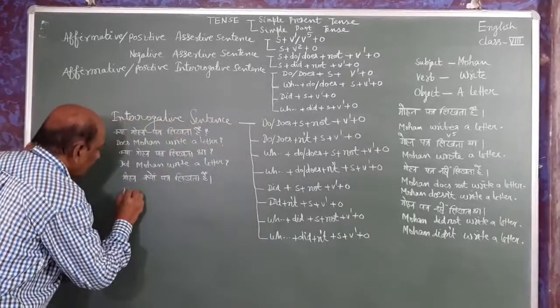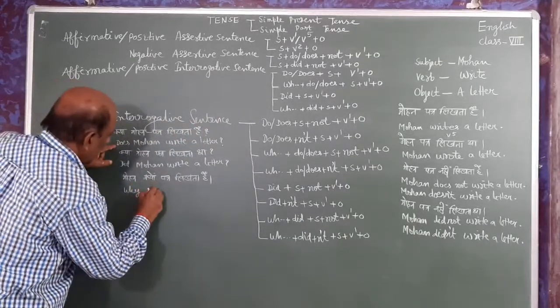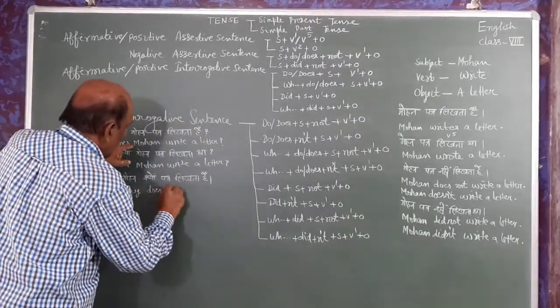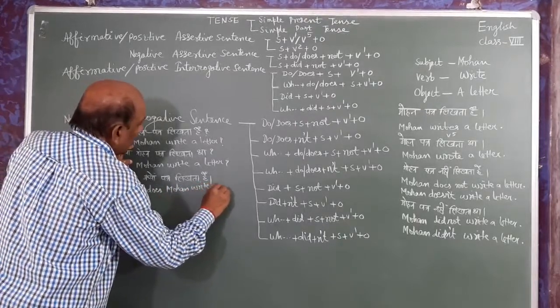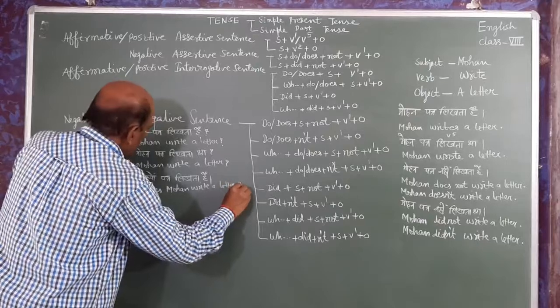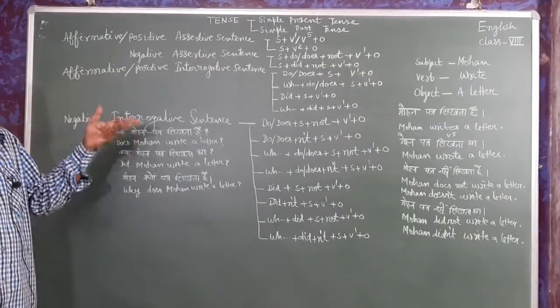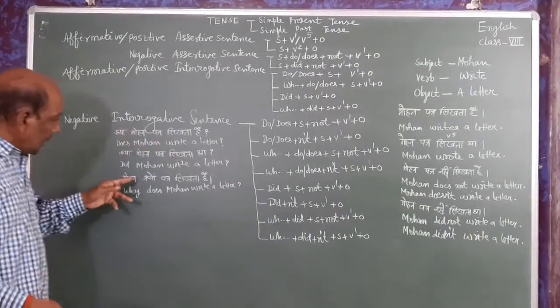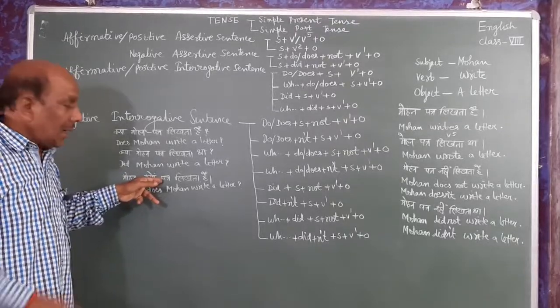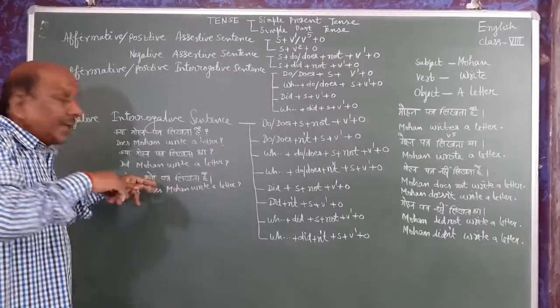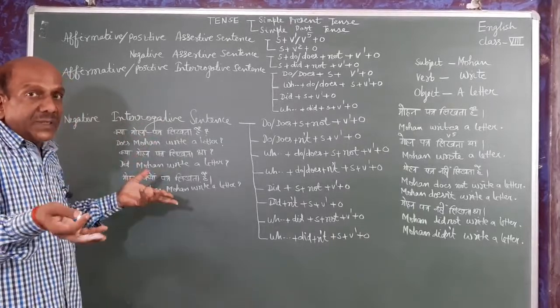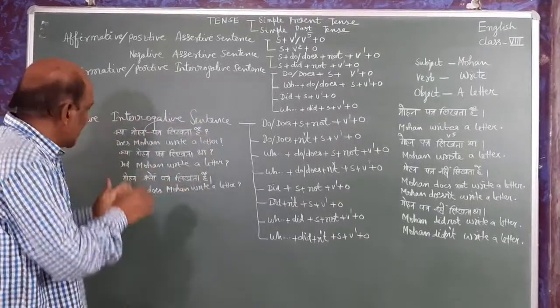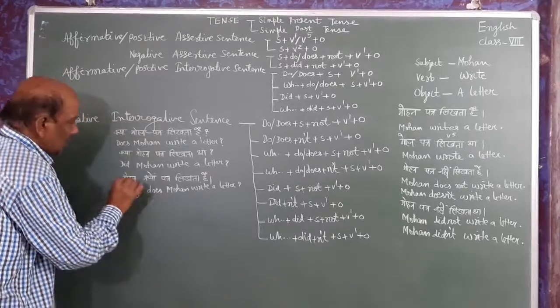So here, why does Mohan write a letter? We can use different WH also. Mohan kahan patra likhta tha? Mohan kab patra likhta tha? Mohan kaise patra likhta tha? etc. So you have to follow this one.